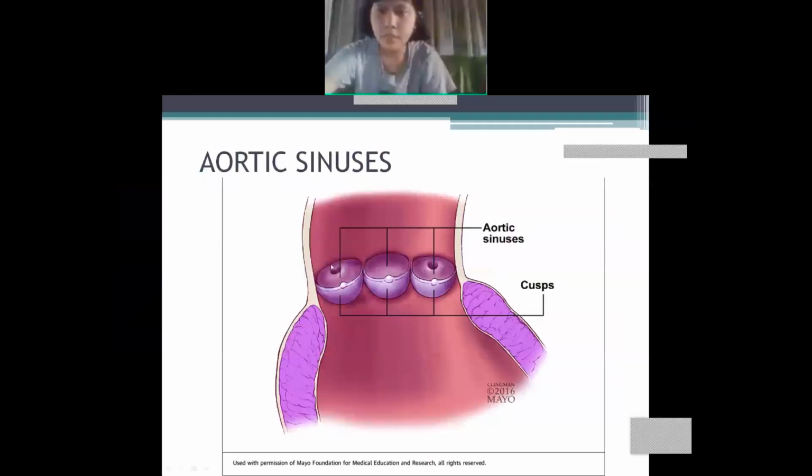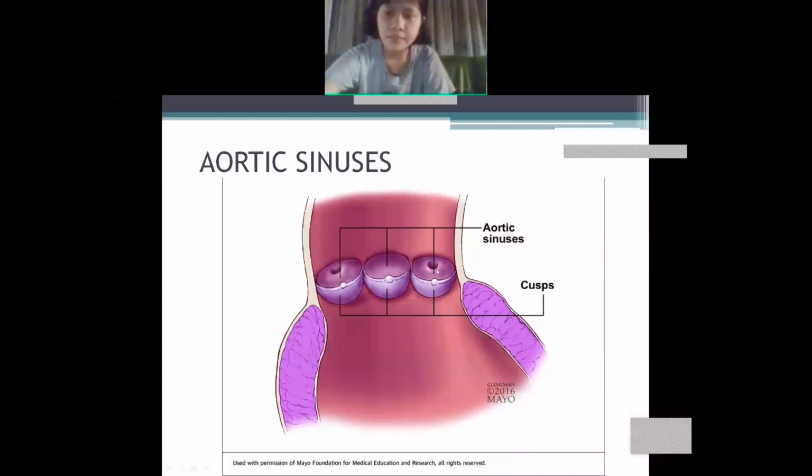Since it lies at the root of the aorta, in this ascending aorta you will find three dilatations, or you can say vessel wall dilatations, which are known as aortic sinuses. One, two, three. Where will you find these aortic sinuses?